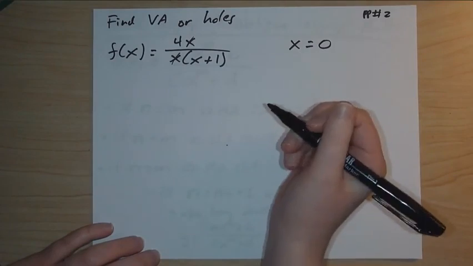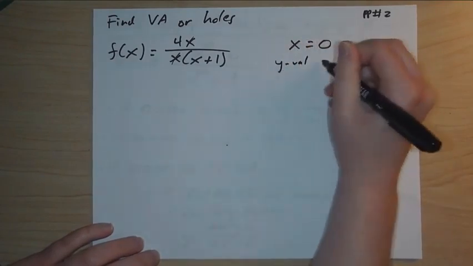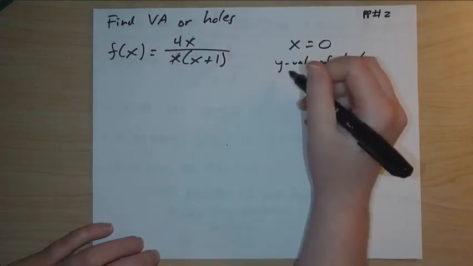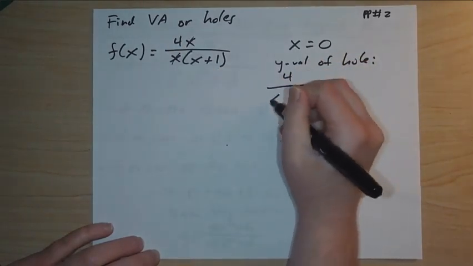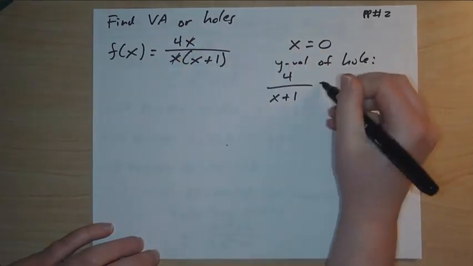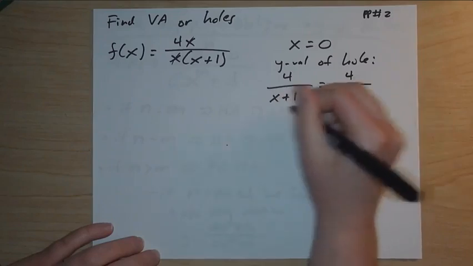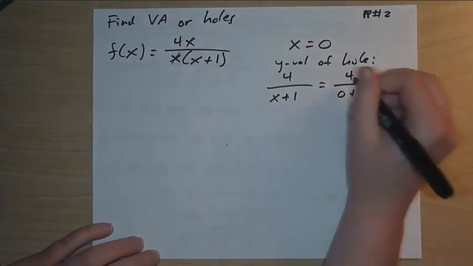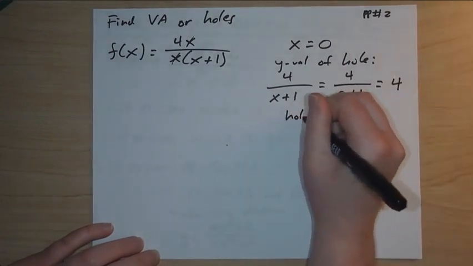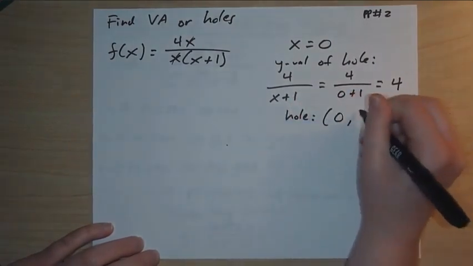So if we're going to find the y value, we're going to put in 0 into our new function after canceling our x. We put in 0 for x, 0 plus 1, and it's just going to be 4 over 1, which is just 4. So our hole is at 0, 4.